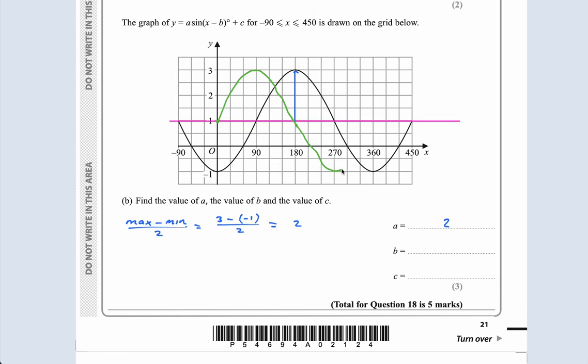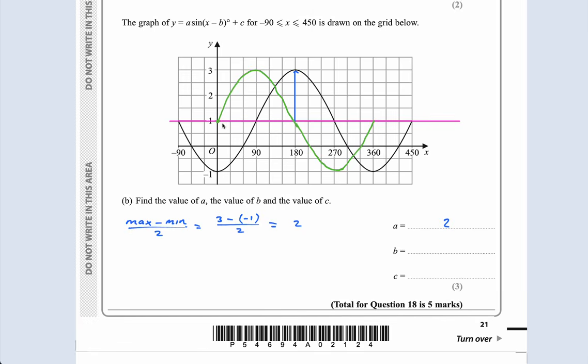Might as well finish drawing it now. Well, you get my point. It goes down here and back to here. This would be a normal sine graph. But our graph has been moved to the right.